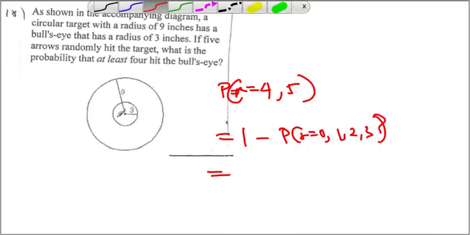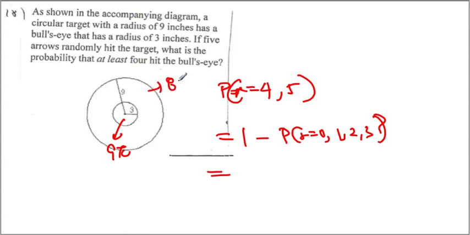The area of the smaller one becomes pi r squared, so we get 9 pi. The area of the bigger one would have been obviously 81 pi. That means the ratio gets you 1 over 9. That is the probability of success.